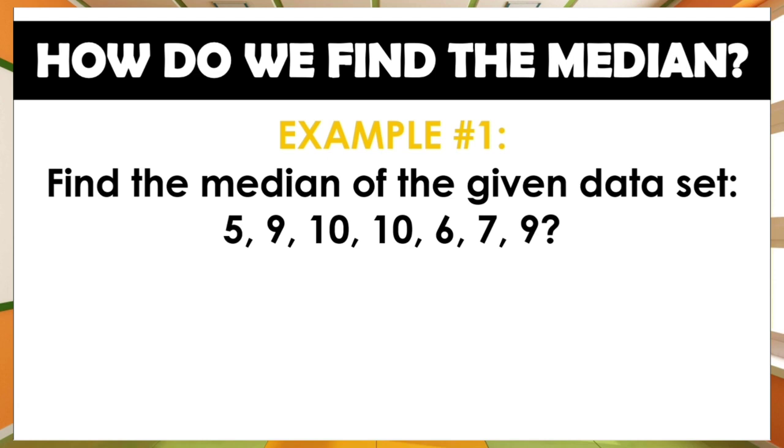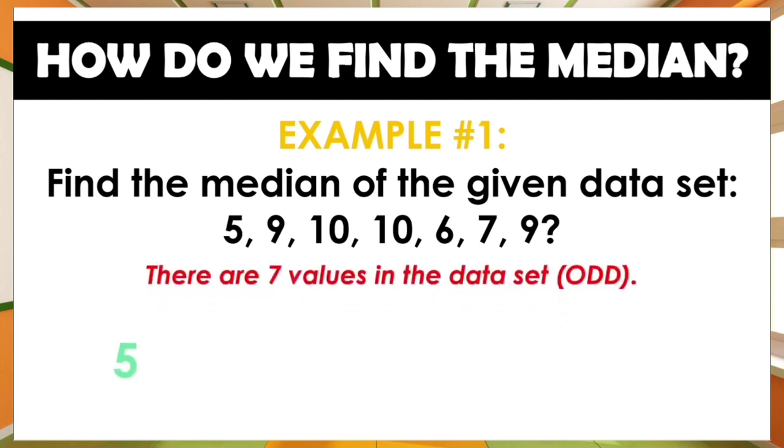In short, we already have our median once we arrange all the given values. If we arrange the data from lowest to highest, we have 5, 6, 7, 9, 9, 10, and 10.